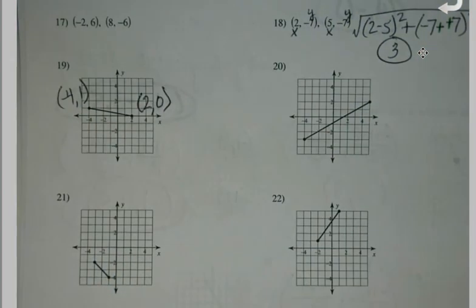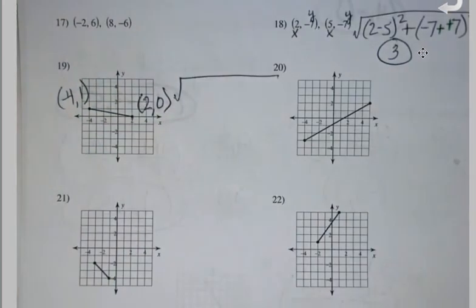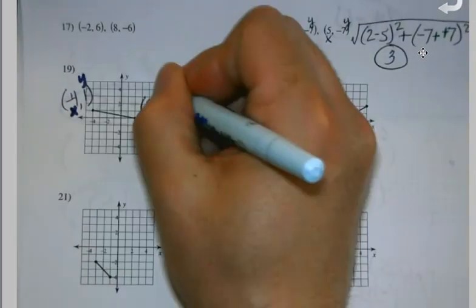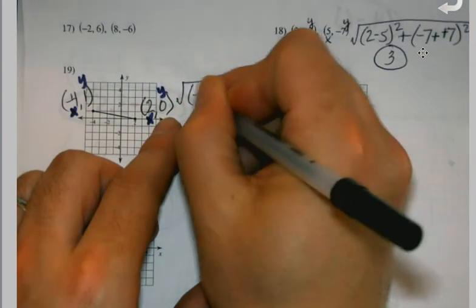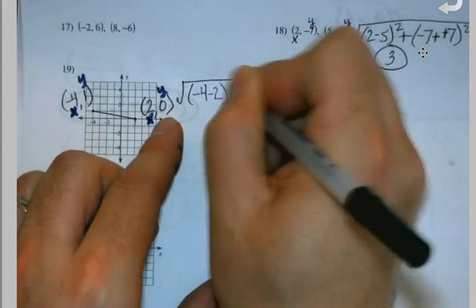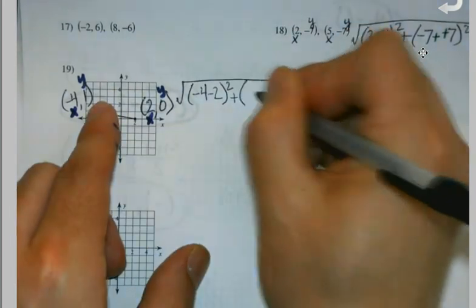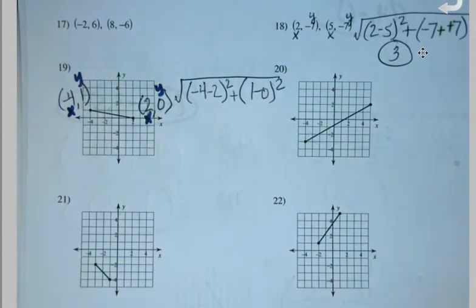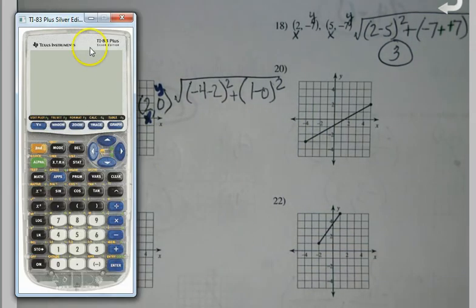At this point, I can just plug it into the formula. So again, there's my x's, my y's are on the end. So subtract my x's and square them. Subtract my y's and square them. And then again, we'll just let the calculator do its thing here.